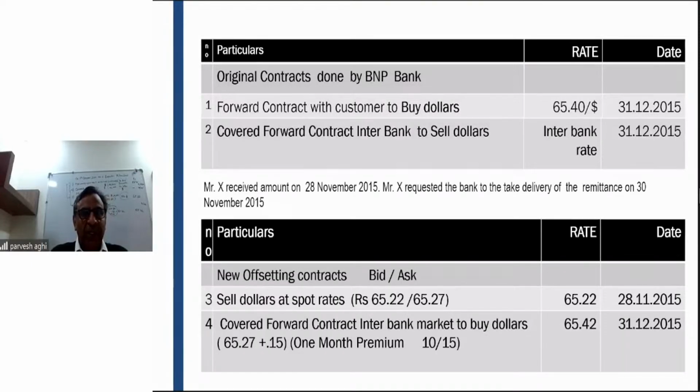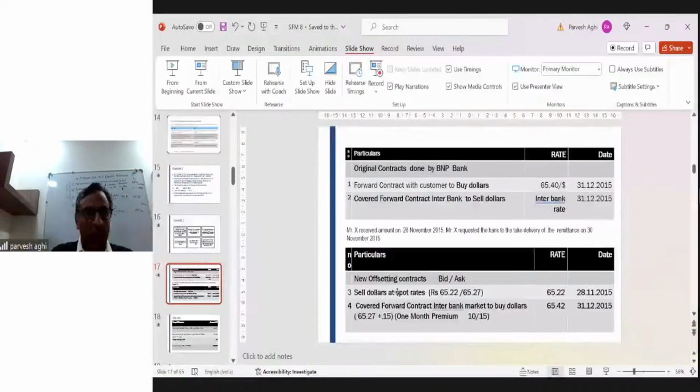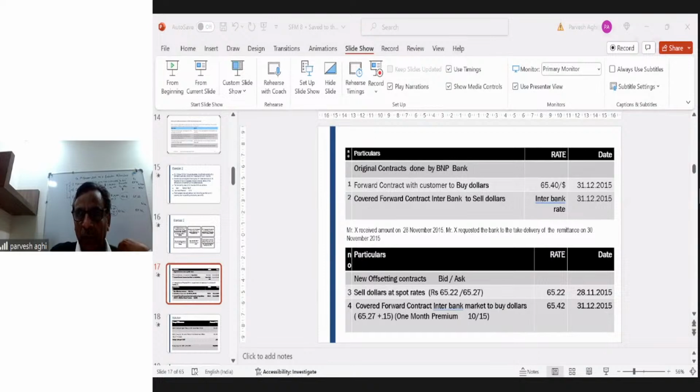So just look at this slide. Are you able to see the slide? Let me just check. So now it's visible. Okay, Namrata is saying use a black pen. Okay, I'm using a black pen now.